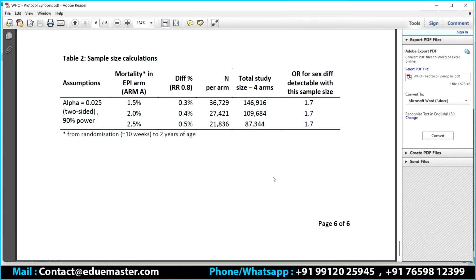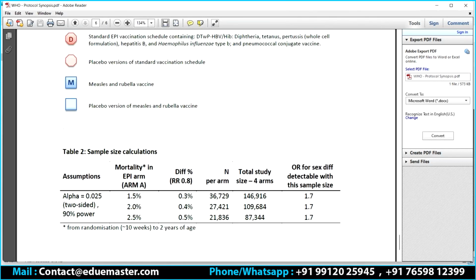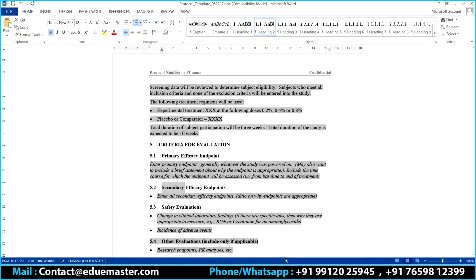So at this particular point of time, you may feel that this looks a little difficult to you, maybe at this point of time, right? But once we understand all these topics, that is, what is called placebo, randomization, adverse events, what are the treatment methods, once we understand all these parameters and you start reading this document, you don't find it difficult at all.